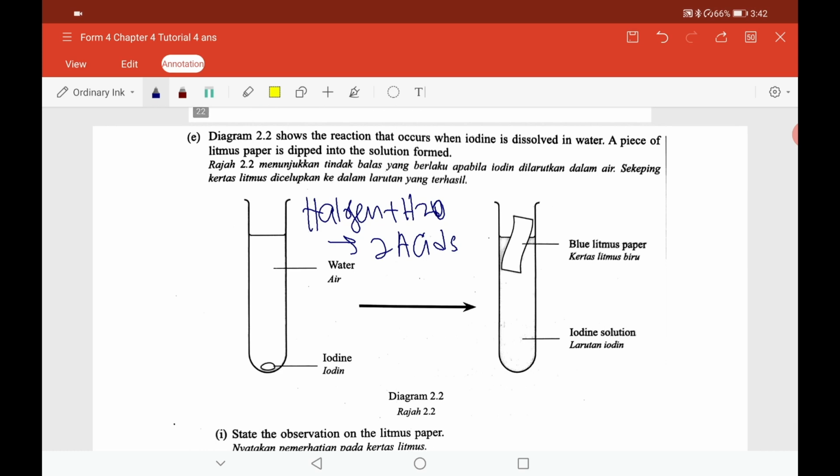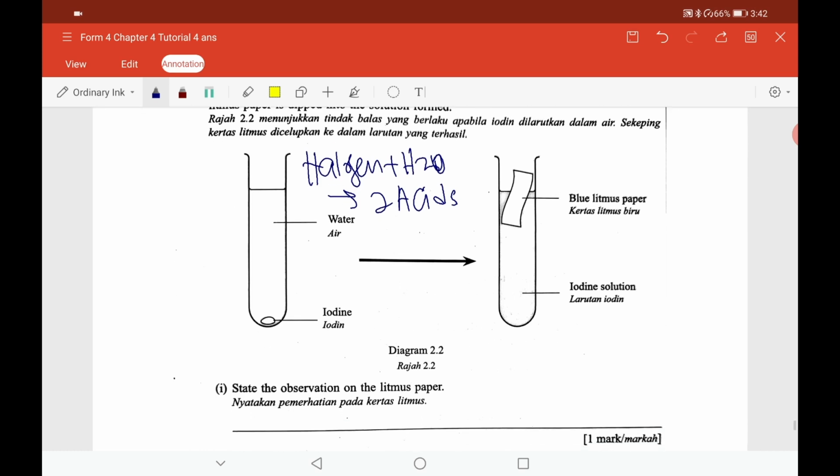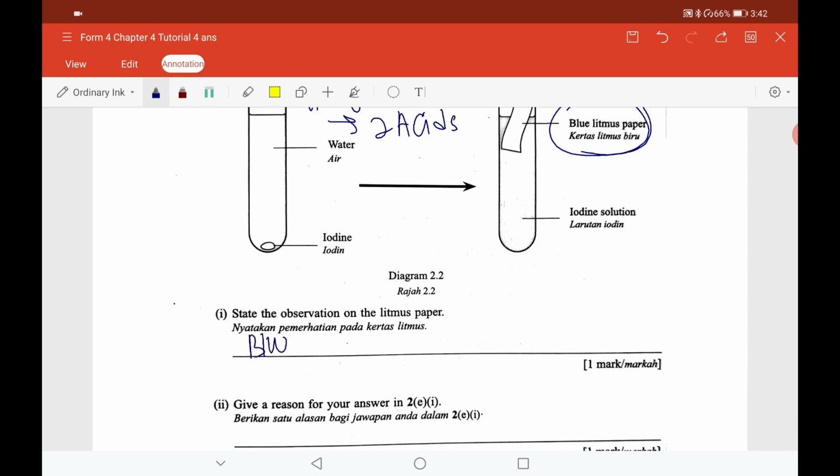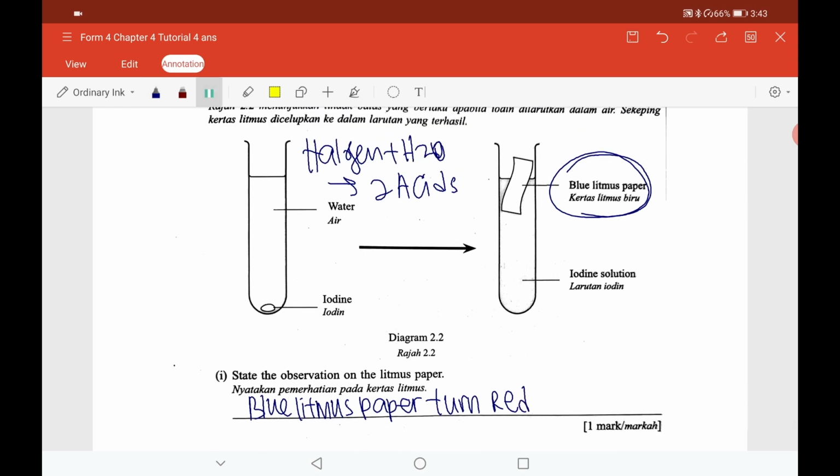So it is acidic, and the blue litmus paper will turn red. That's it. Not very hard, right?